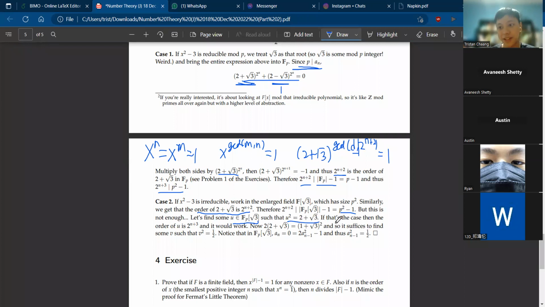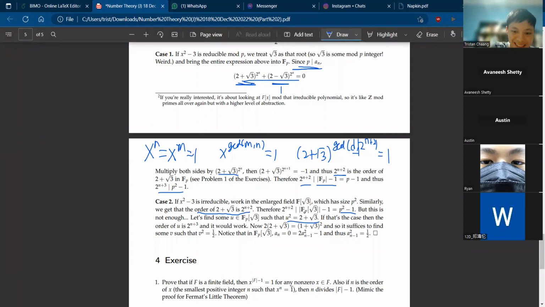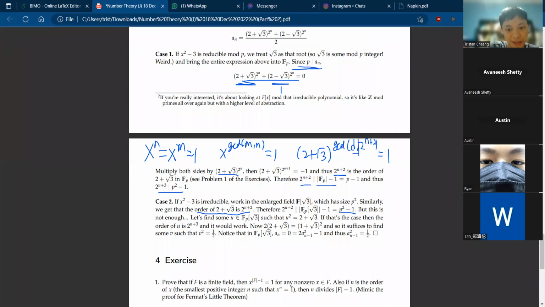If we manage to find such a u, then the order of u will be 2^(n+3) instead now, because you have to multiply by another 2. So the new goal is to find the square root of 2 plus square root 3. And that itself is quite hard as well.